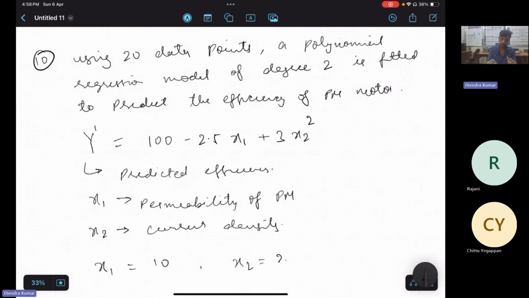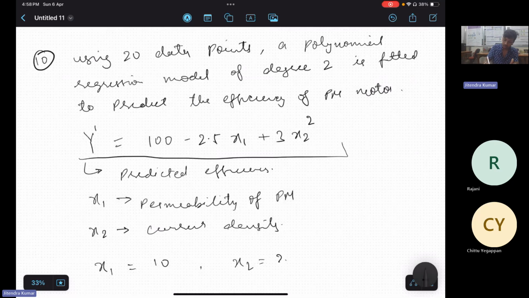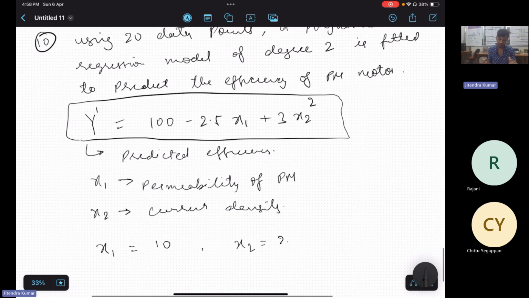This kind of meta model coefficient you can get from the software or from the analysis, and permeability of PM is provided as 10 and current density as 2. Though these are not practical values, still if you fit such values in this equation, what efficiency can you predict, that is the question here.